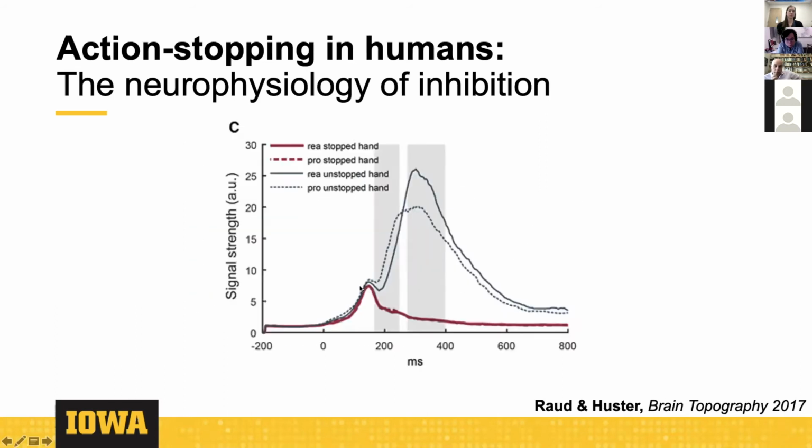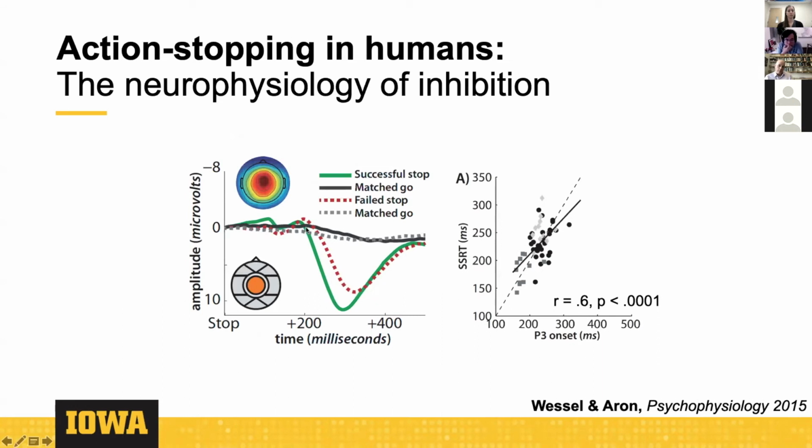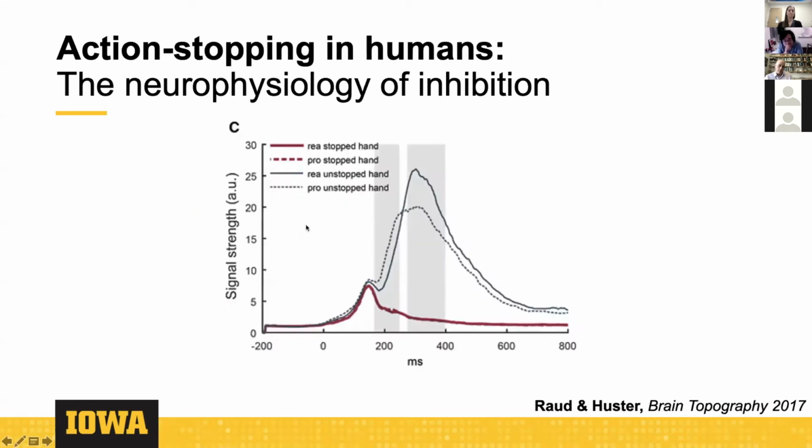Like if we have signatures of inhibition at the level of the motor cortex, where on successful stop trials the go response becomes suppressed at around 150 or so milliseconds following a stop signal, then how can the frontocentral P3 reflect motor inhibition when it happens later than that? And that's a very, very fair criticism, and I'm going to try to address that in parts, at least today.